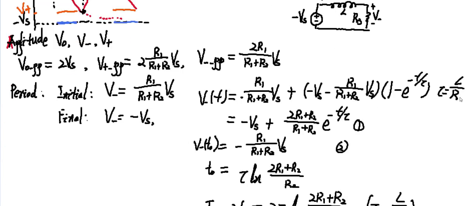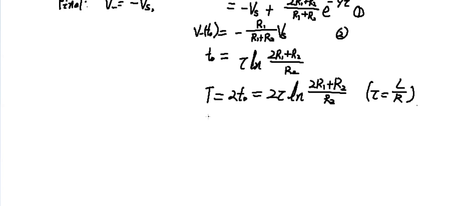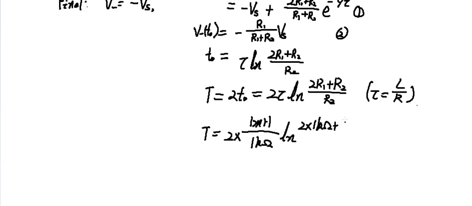Substituting those numbers into the expression for the period, we get T equals 2 times L over R, where L is 1 millihenry and R is 1 kilo ohm, times log of 2 times 1 kilo ohm plus 1 kilo ohm divided by 1 kilo ohm.